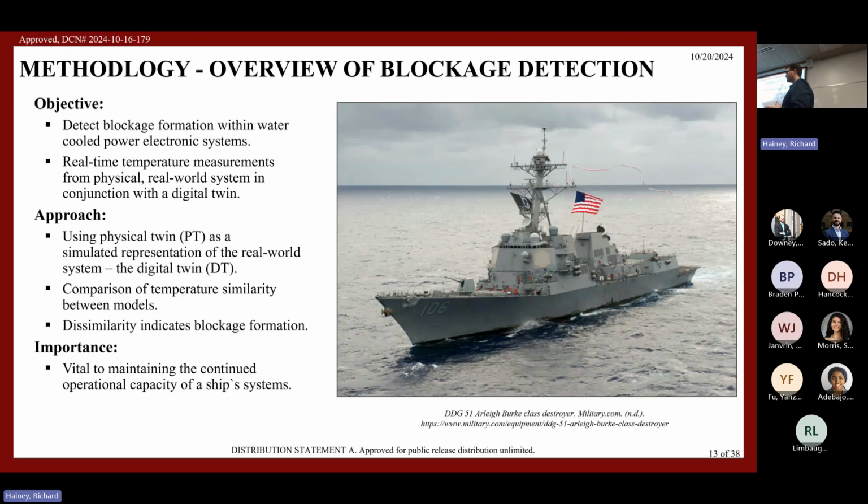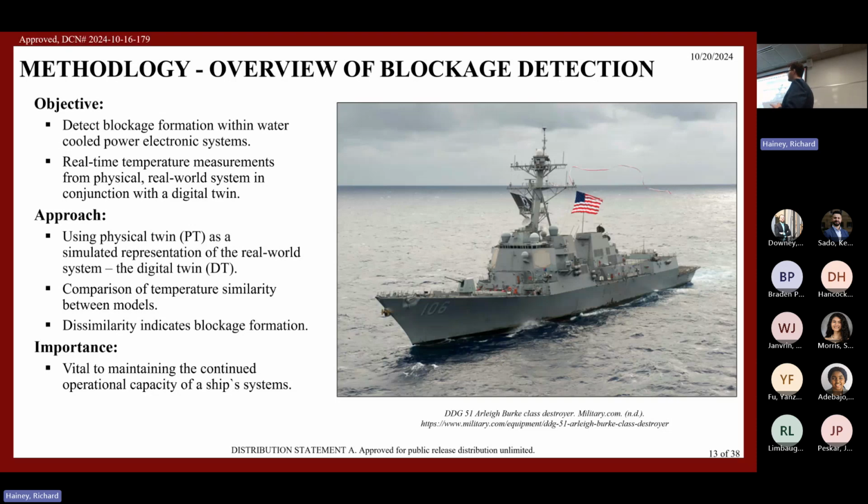Now, our system, as you saw earlier on the manifold, did not incorporate flow transmitters on each of the individual cooling loops. It would have been extremely expensive to incorporate flow meters onto each of those different loops. So I wanted to focus my research on using what we already had, which was thermocouples, temperature transmitters. So that's what I wanted to base my research on.